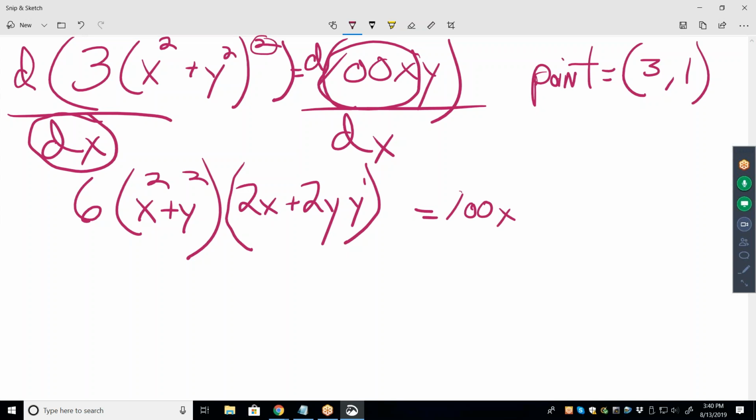What's v prime? That's y prime. Yeah, it's 1. In other words, the derivative of the outside is 1. But since it's a y, not an x, we have to write y prime there. Yes. Plus, what else?